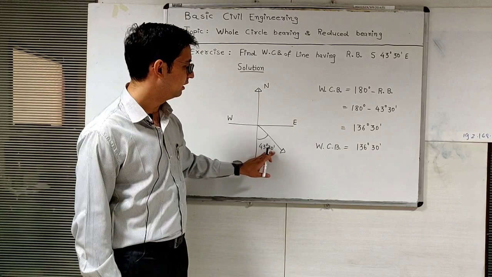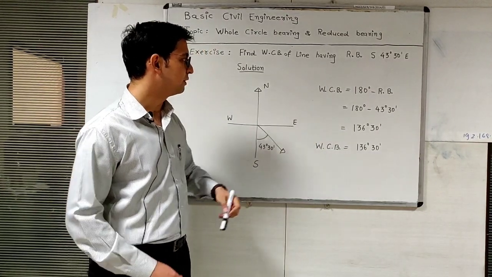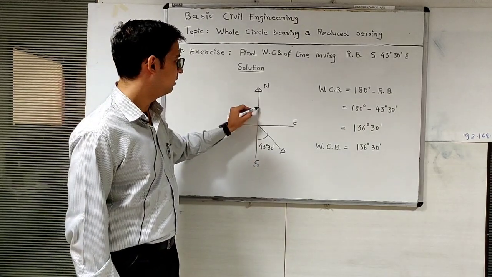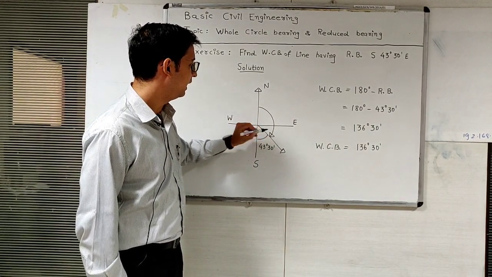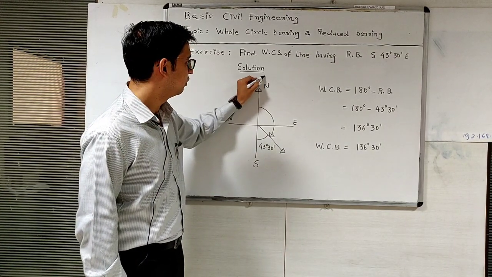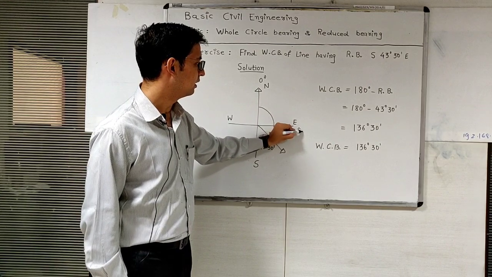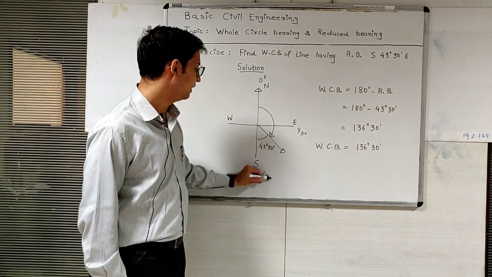To calculate the whole circle bearing, which means the bearing of the survey line measured from magnetic north pole in clockwise direction, this is 0 degree, this is 90 degree and at south pole it is 180 degree.